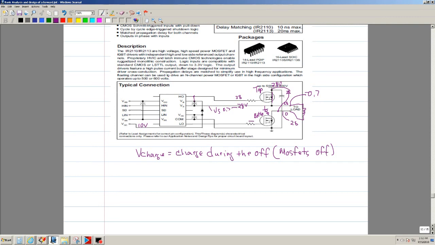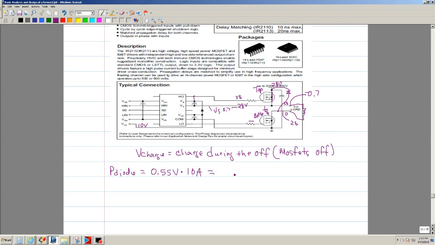So the power in the diode, and we're going to assume that it's going to be 0.55 volts, and the current is 10 amps.